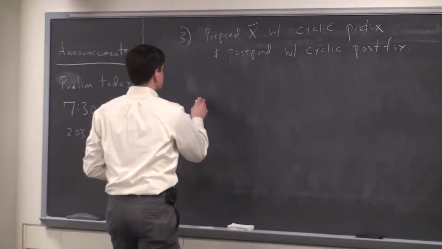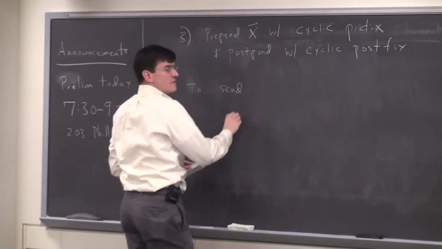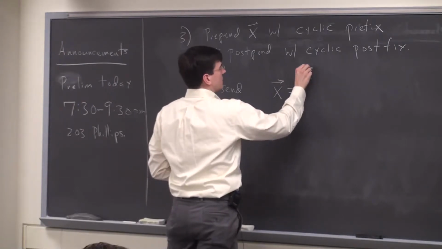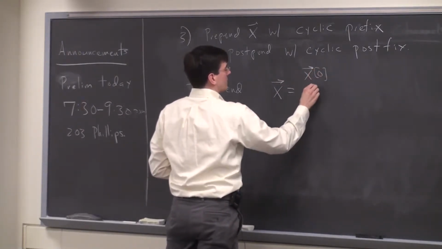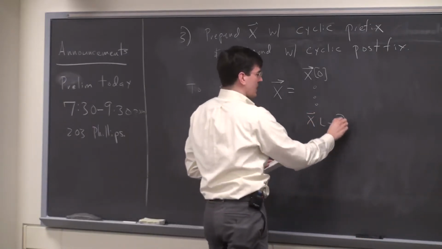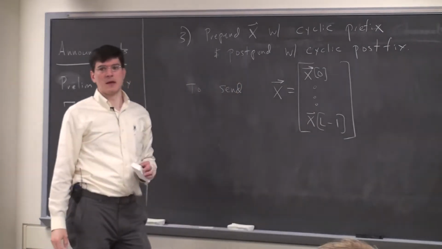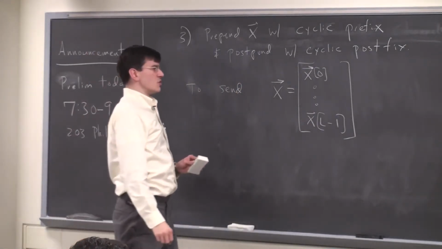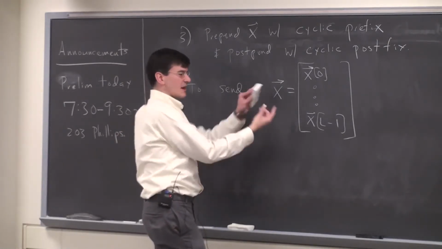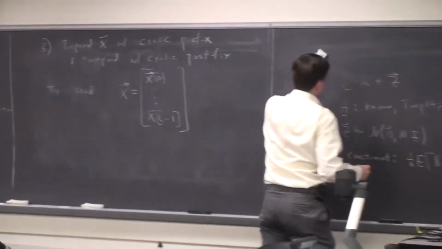So the idea is, if you wanted to send a vector X, and I'm going to use L actually for the number of entries of X for reasons that will be clear later. So let's suppose you have this vector you want to send. Rather than sending this, you send a slightly lengthened version that has the cyclic prefix. So prepend the tail.